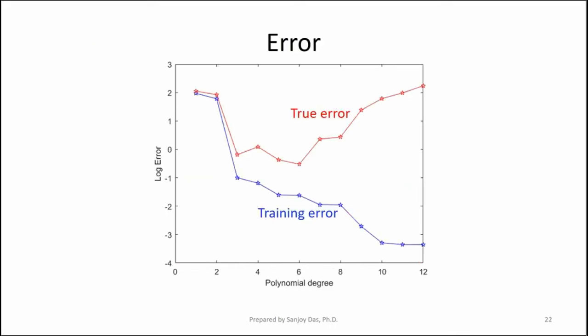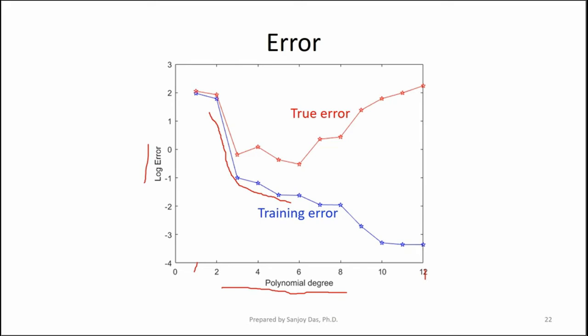This plot shows the plot of the error, the log error actually on the y-axis as we increase the degree of the polynomial from degree 1 to degree 12. The training error keeps going down as we increase the degree of the polynomial.